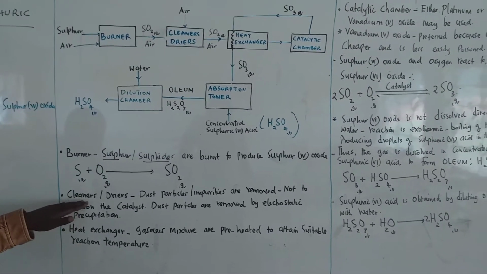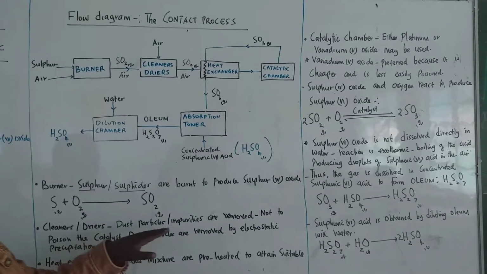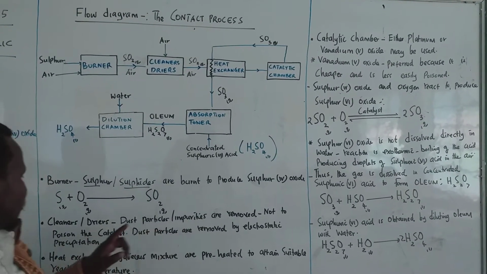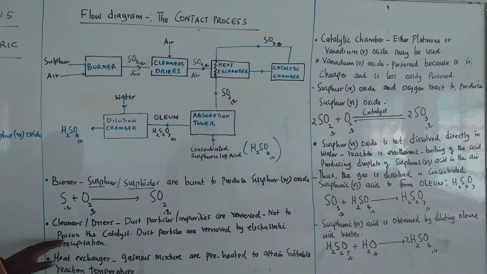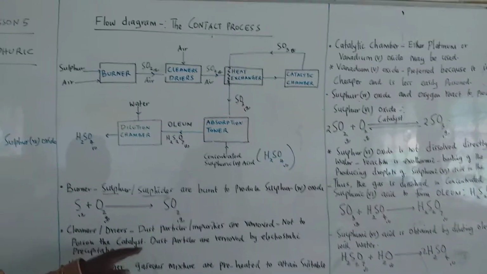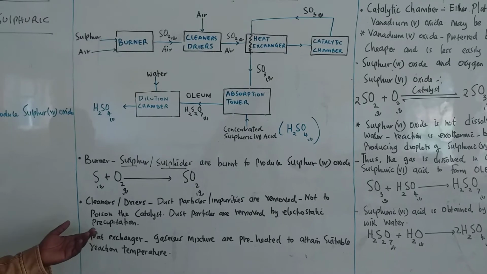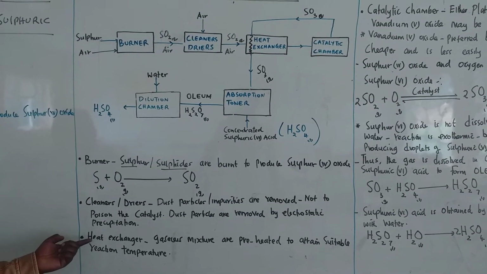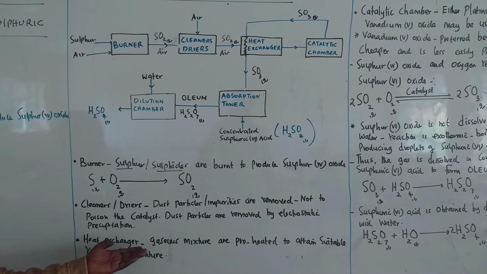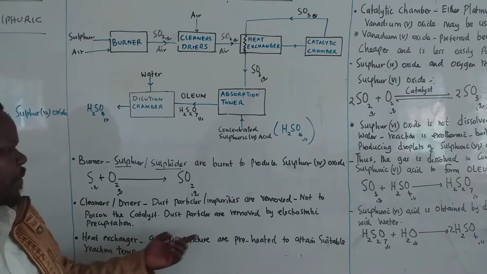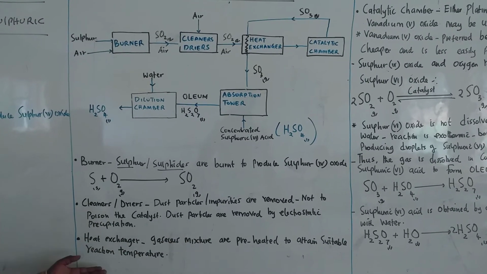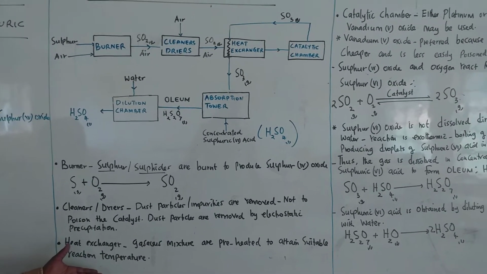At the cleaners and dryers, the dust particles and impurities are removed so that the catalyst is not poisoned. Dust particles can also be removed by electrostatic precipitation. At the heat exchanger, the gaseous mixture is preheated to attain a suitable reaction temperature.